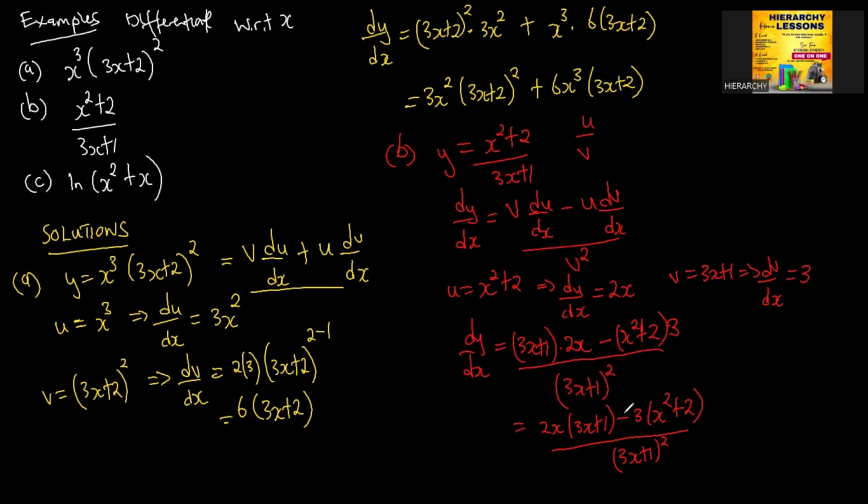So then let's do the last example. It's ln of (x squared + x). Remember when we did differentiation of logarithmic functions, we said dy/dx is equal to the derivative of the function over the original function.